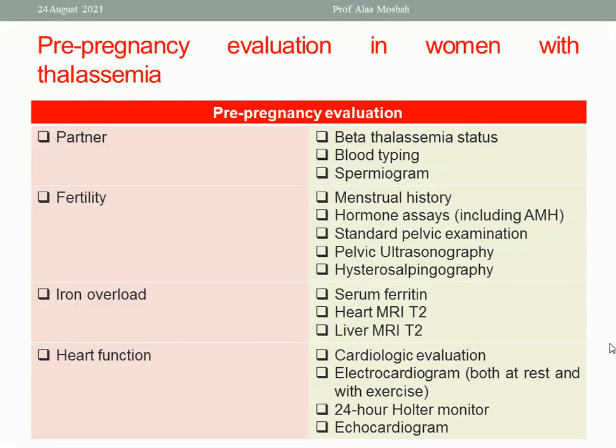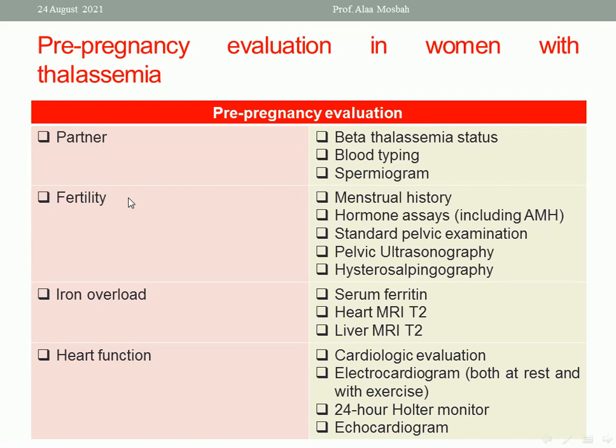What is very important regarding our topic today, which is thalassemia, is the pre-pregnancy evaluation in women with thalassemia. There are certain points that should be covered. For the partner, beta thalassemia status should be known, along with blood typing and spermiogram.